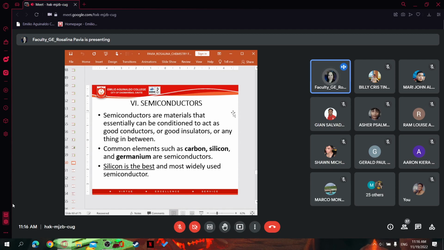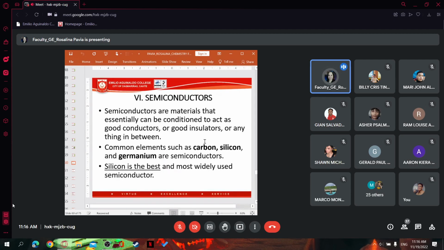So semiconductors are materials that essentially can be conditioned to act as good conductors or good insulators, or anything in between. So common elements such as carbon, silicon, and germanium are semiconductors, but silicon is the best and the most widely used semiconductor. So as you can see from the elements that are given, what group of elements are these?